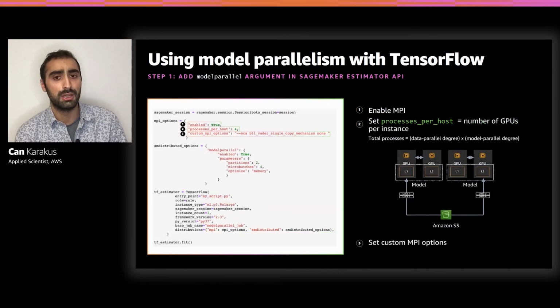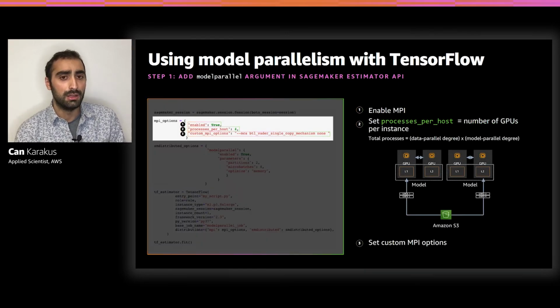So if we look into them more carefully, if we look into the MPI parameters, we need to feed a couple of keys. First, we need to enable MPI. Next, we need to set the number of processes per host, which will be up to the number of GPUs per instance. So for this example, we're using a P3 8x large instance, which has 4 GPUs.